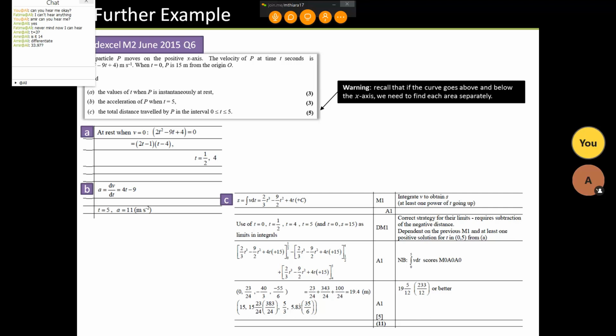There has gone wrong. Right, so why has that happened? So yeah, these are the correct integrals and the limits. Now you can see that they've turned the negative part positive by putting a minus in front. Look at the values there and see why that has gone wrong, Amir.